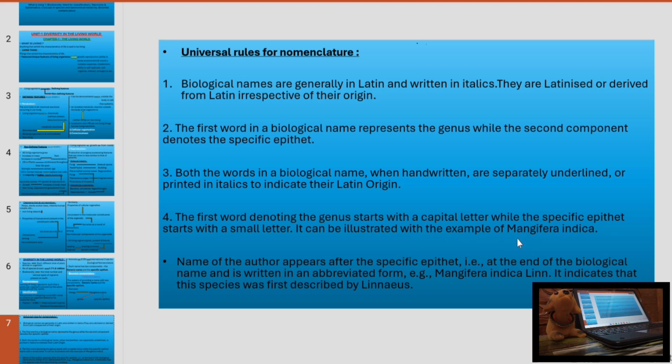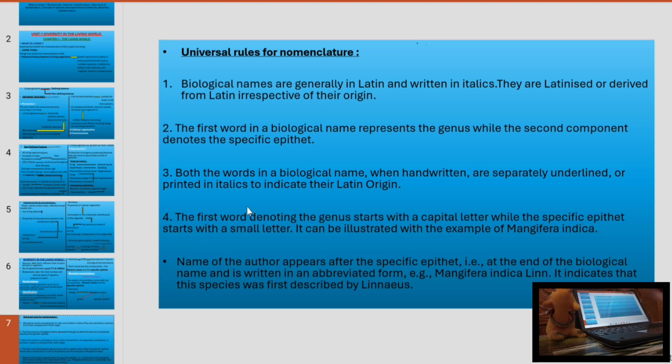It is a universal rule that for every biological name, when we write the genus, the first word, it will start with a capital letter, whereas the specific epithet, for every name of biological nomenclature, starts with a small letter. Make sure you won't confuse.